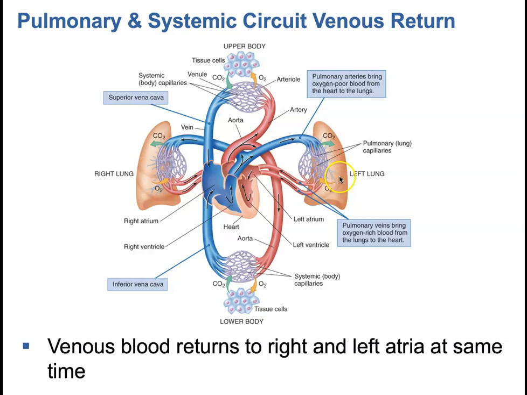Then at the lungs, they will drop off the CO2, pick up the O2, and then the pulmonary veins will return the blood to the left side of the heart, as you see here, and that blood will then pass through into that left ventricle and then pump into the aorta and then get distributed into the systemic circulation.